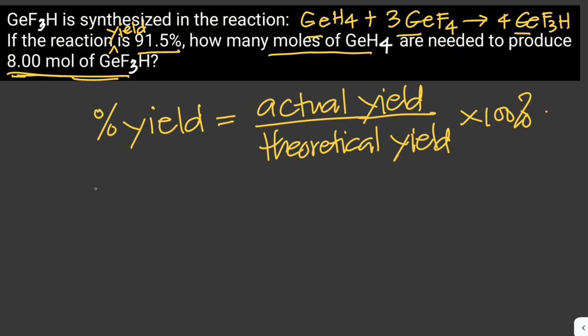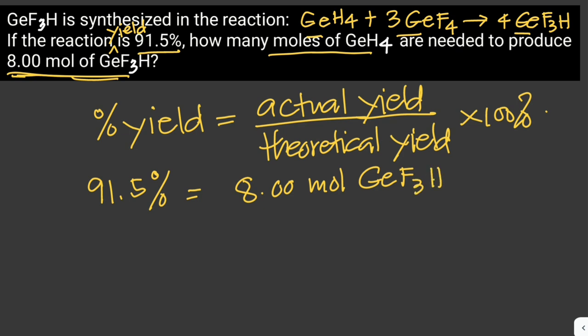All right, so percent yield is 91.5% equals the actual yield, which is 8 moles. Then we need to solve for the theoretical yield.